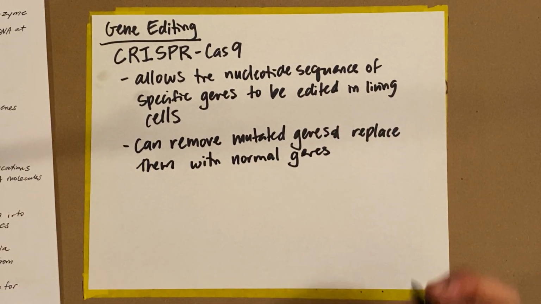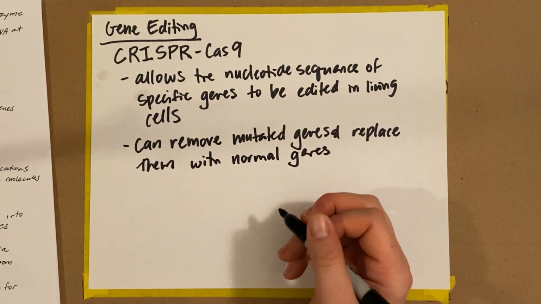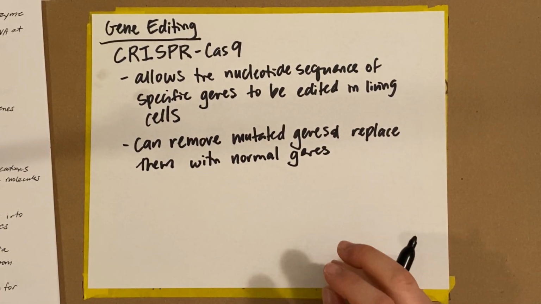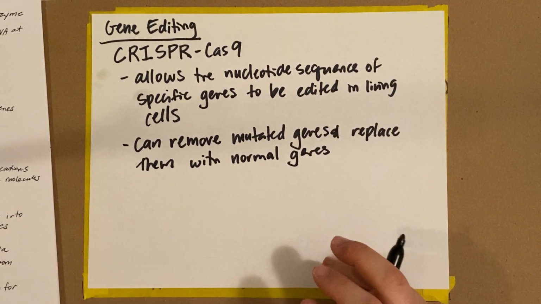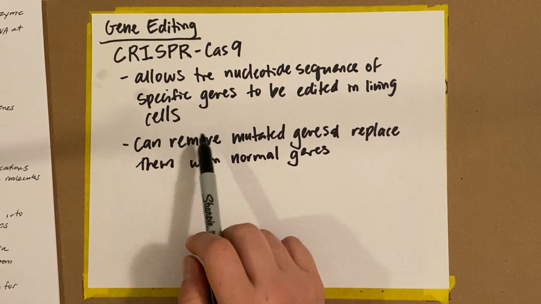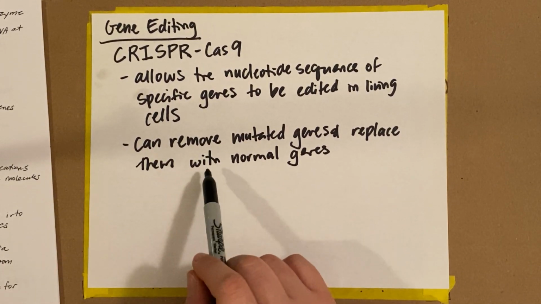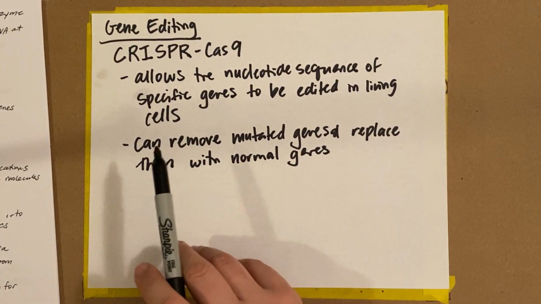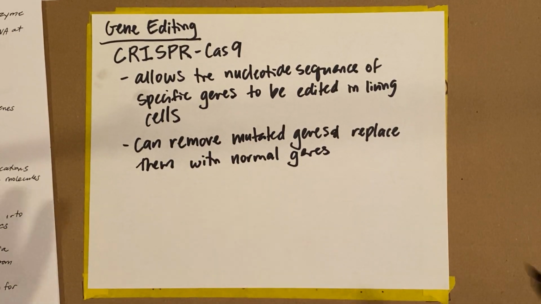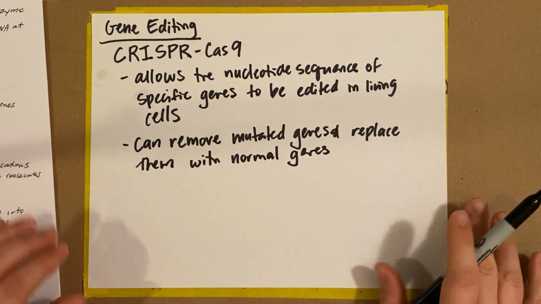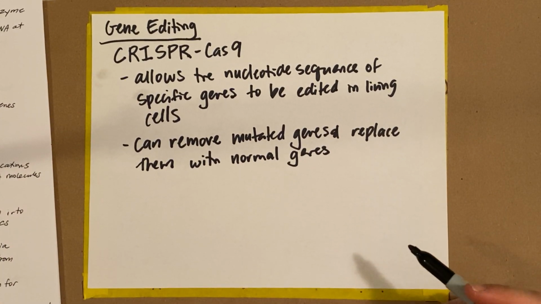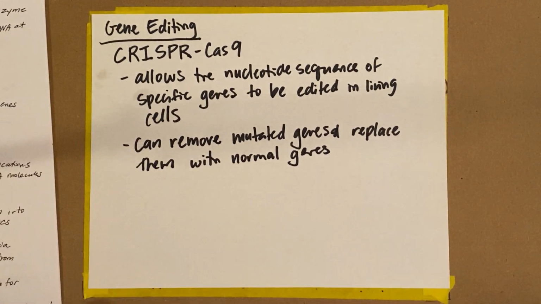If you have a faulty gene, for example, we've talked about sickle cell anemia, where there's been a mutation in one of the bases. If we could use CRISPR, we could have it go in there and fix that mutation so those individuals would start producing normal hemoglobin. Obviously, that is not where we're at, but that's where this type of technology is going.